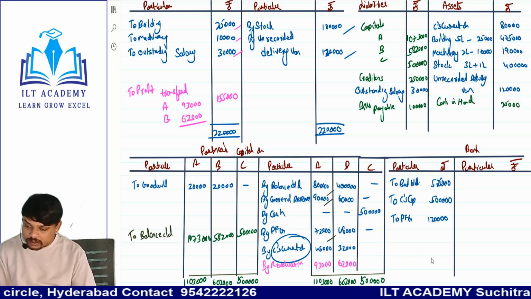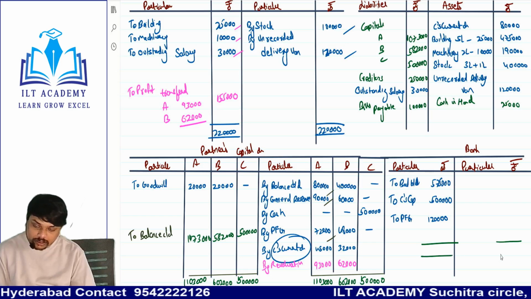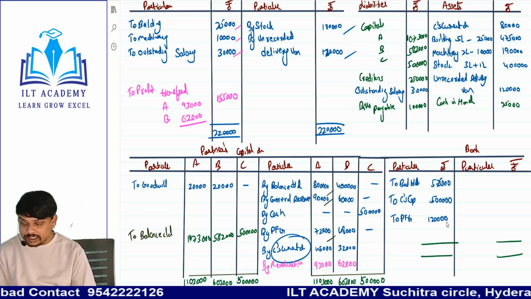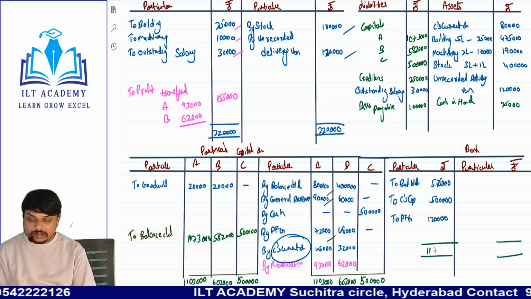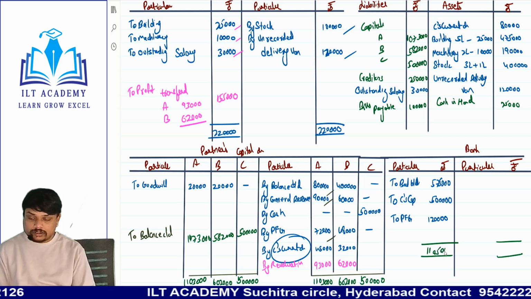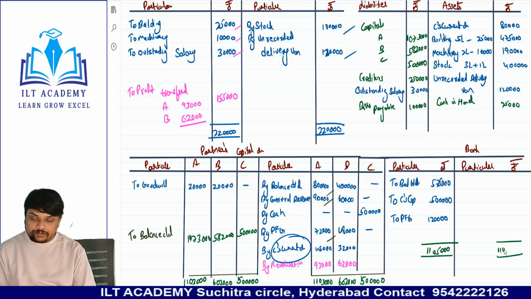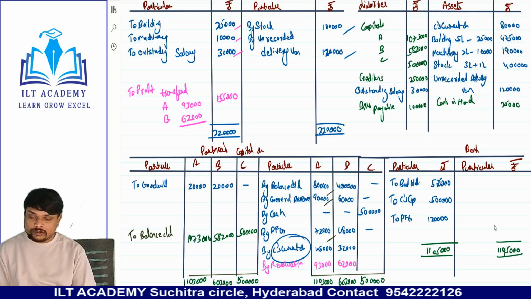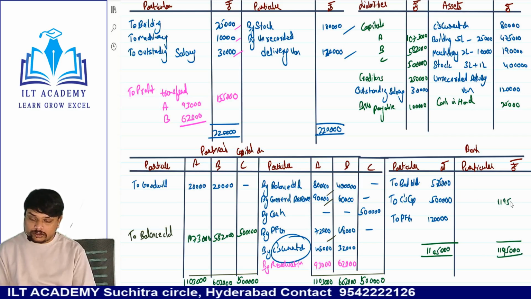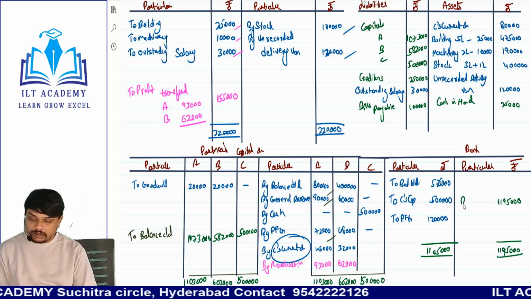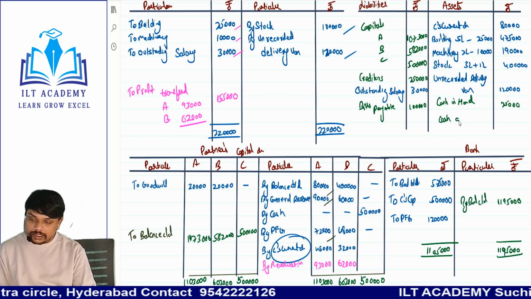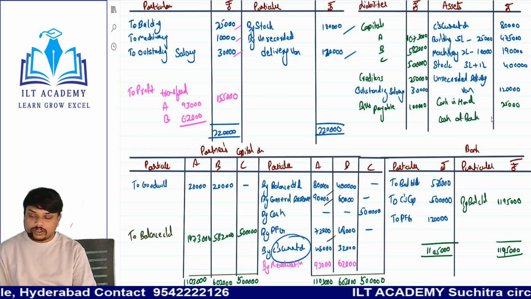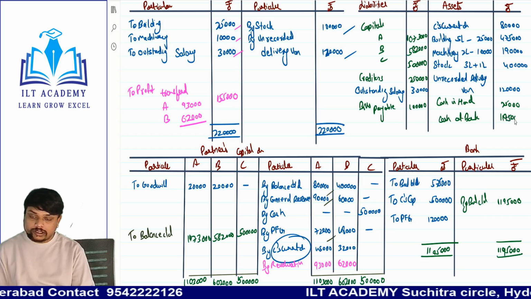Let us close the bank account. Bank account balance is how much? 575, 5 lakh, 1075, 1095, 1195, right? Cash at bank 11 lakh 95,000.